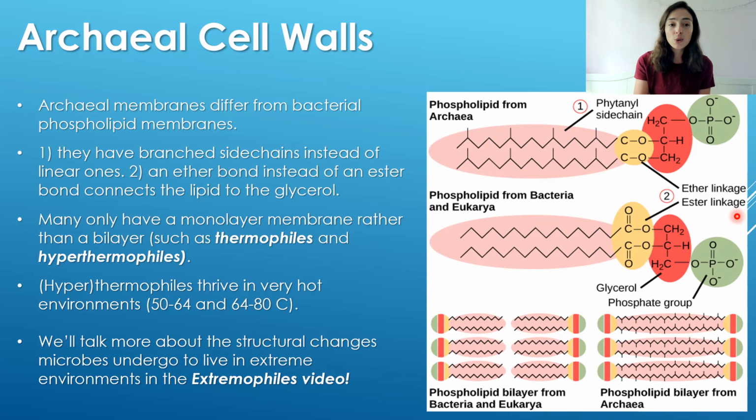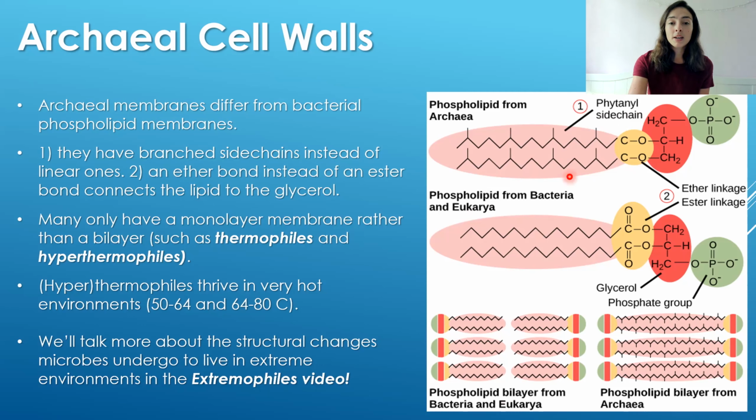You've got a phosphate group, which is on the head side of the phospholipid, and then they're connected by ester linkages in the case of bacteria and eukarya. However, they're connected by ether linkages in archaea, and then you've got the lipid, this pink part. That's where the lipid comes from in the phospholipid name.